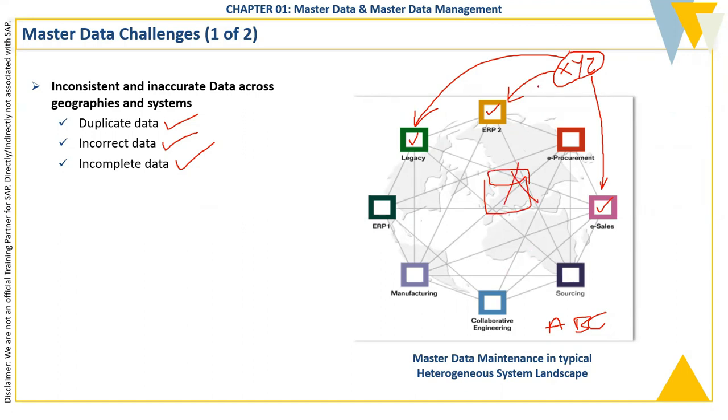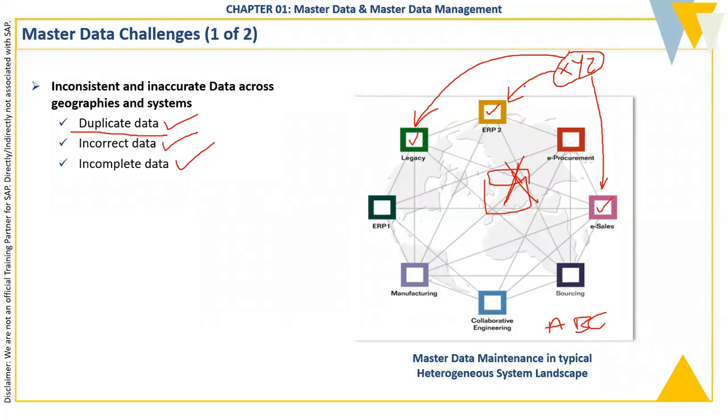Now, when this customer has their information available in different regions, it doesn't necessarily have consistent data. Here the customer details might be different, here might be different, here might be different, because we don't have any central database. The same customer data exists in multiple locations, which is a duplicate.